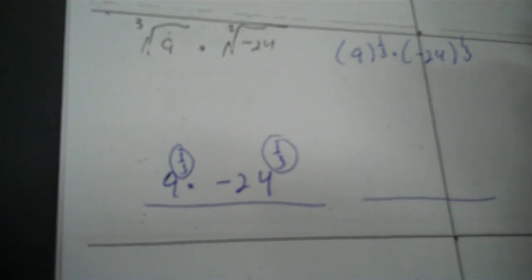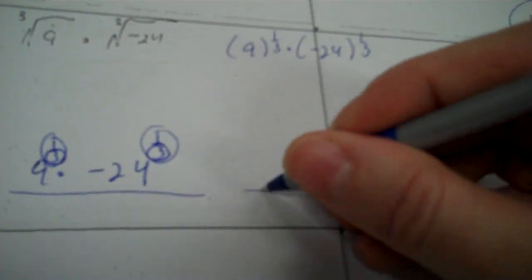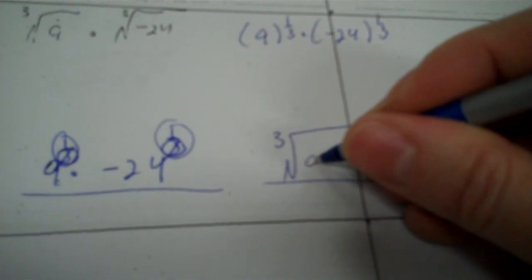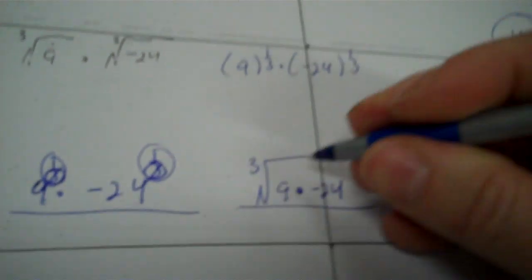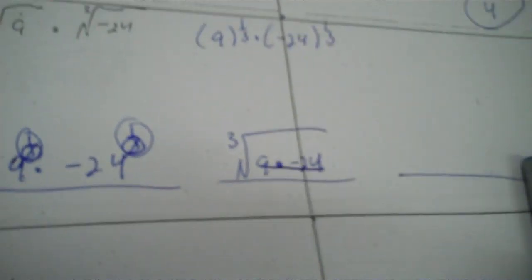Circle them. Now, they're both fractions, so circle your denominator. We're going to get rid of that 3 if I make a cubed root. And inside that cubed root, I put 9 to the 1st, which is 9, times negative 24 to the 1st, which is negative 24. Then I find that product. Negative 216.